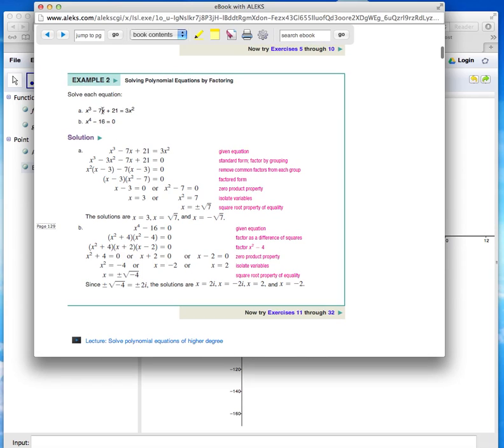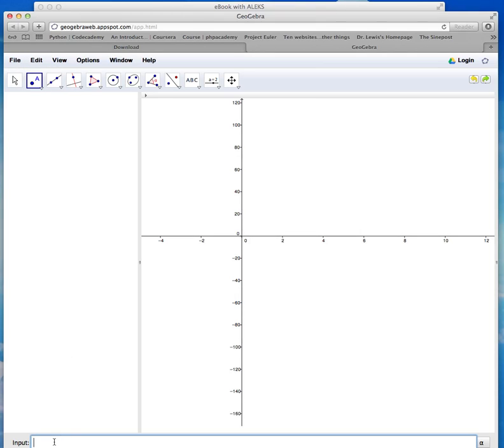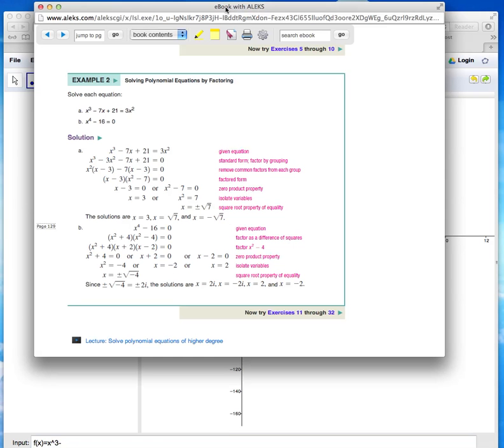This one, x cubed minus 7x plus 21. File, New, f of x equals x cubed minus, now I forgot, 7x plus 21.